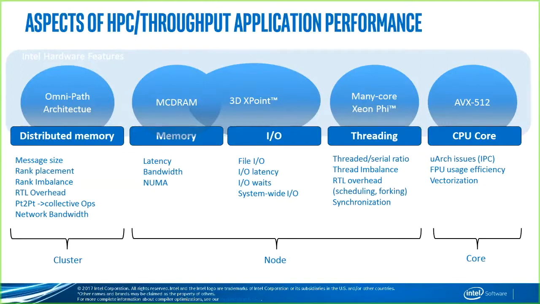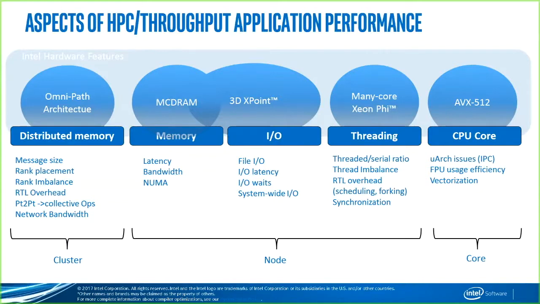So we have inner node performance aspects. For example, the memory hierarchy becomes more complex. For Xeon Phi, multi-channel DRAM was introduced, but as Scott also mentioned, in flat mode you might need to decide which particular data objects should be placed in MC-DRAM if the working set doesn't fit the 16 gigabytes of MC-DRAM.